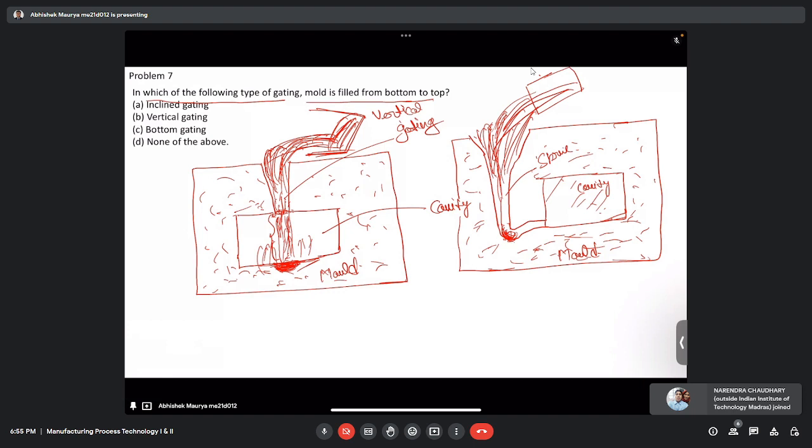All the momentum transfer will happen here itself. Then it is allowed to enter the cavity from the bottom, so the cavity will fill from bottom to top slowly. This is the other arrangement. It is called bottom gating.